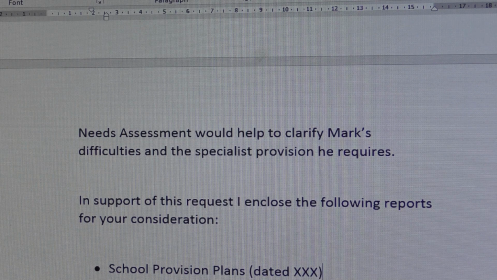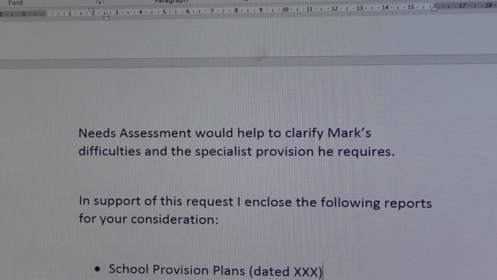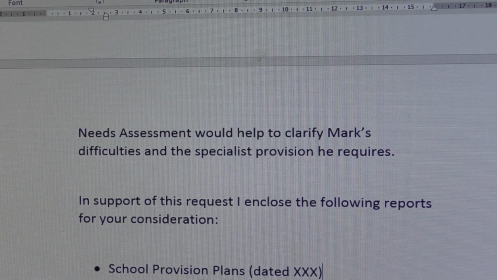We're going to put in the information from the school. So if your child is on the SEN register and is receiving support, they should have something like a school provision plan. Now, there's nothing statutory in this regard because the school's got flexibility as to how it meets your child's needs if they don't have an EHC plan.